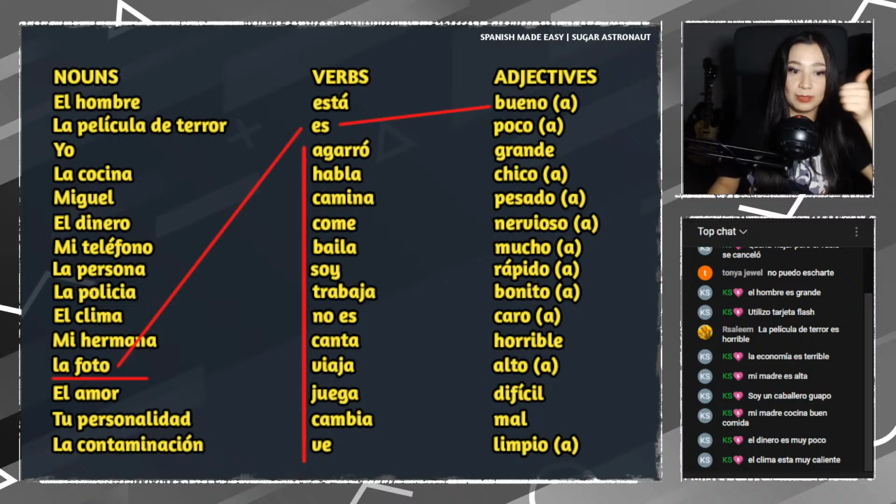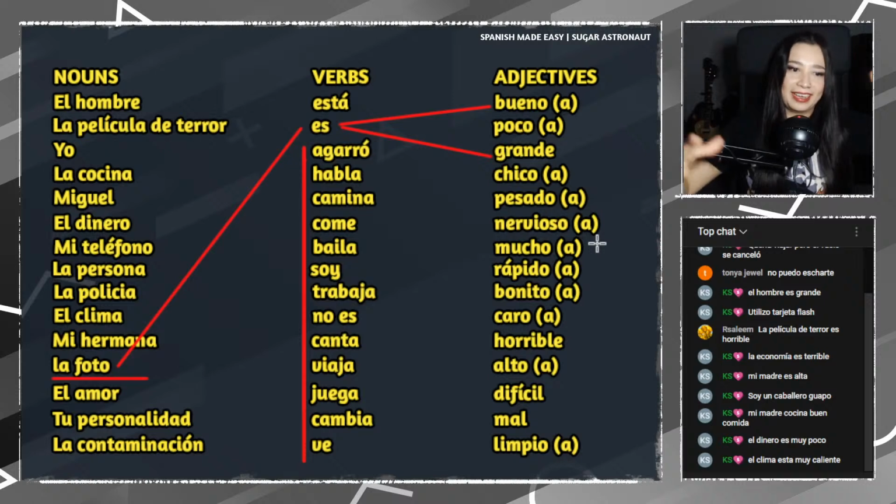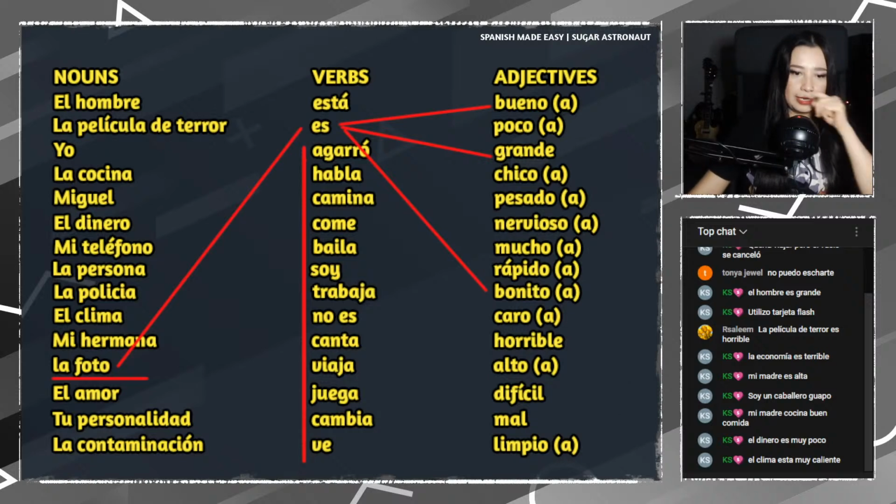La foto es grande. The picture is big. Okay, maybe you are printing a big picture for some reason. Bonita. La foto es bonita. The picture is pretty, right? Or horrible. The picture is horrible. And that's it for picture.